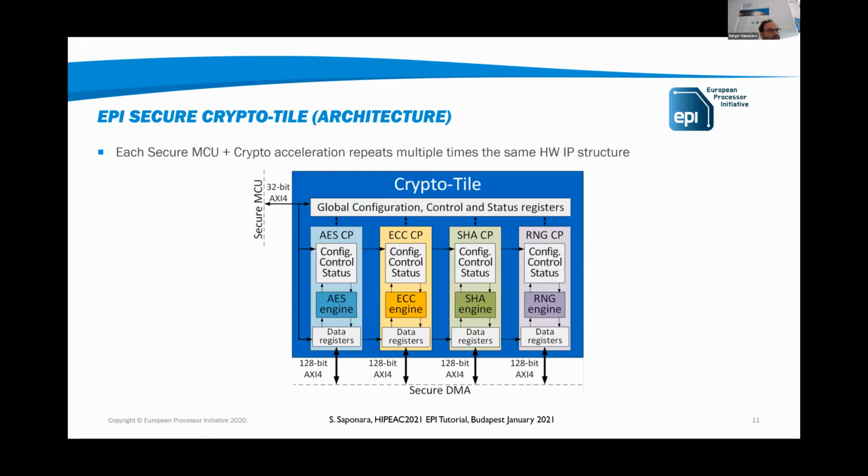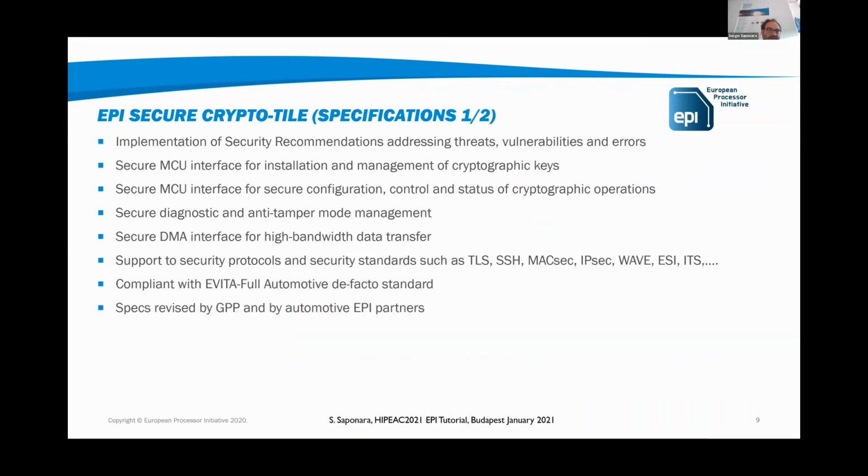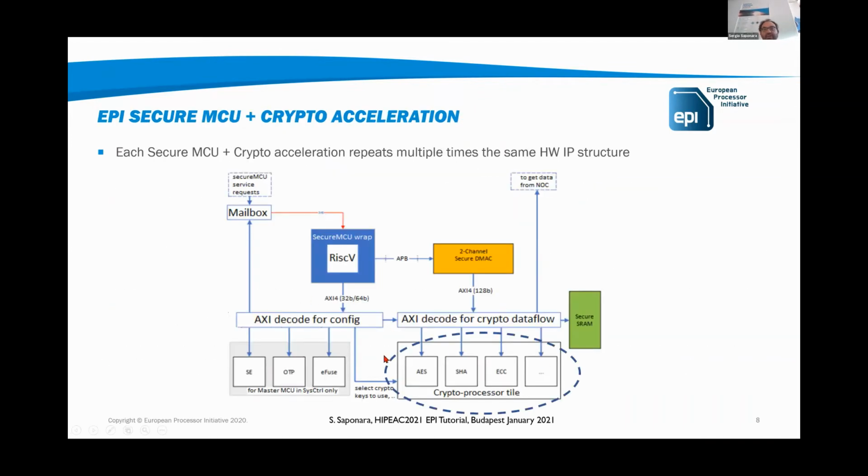I will go now quickly, in order to then answer the question, to a dedicated and scalable IP. The crypto tile that you see here is mounted on an AXI. For the moment it's AXI 4, but we will also support version 5 in the future evolution.